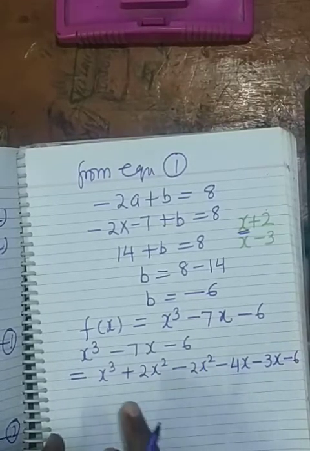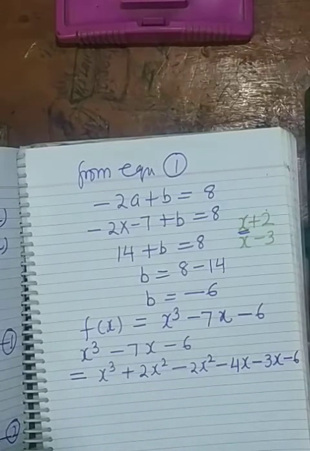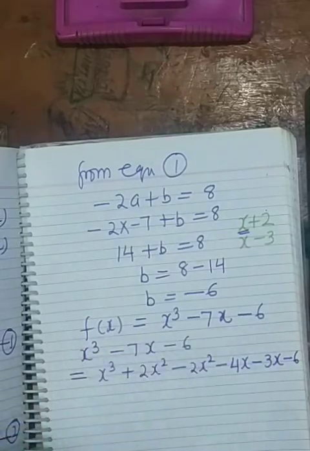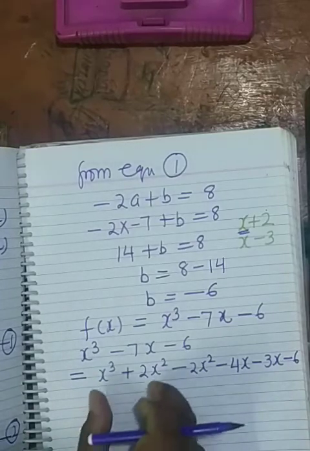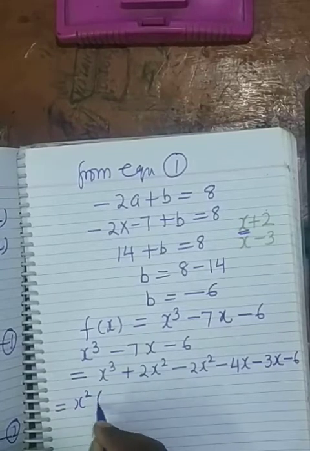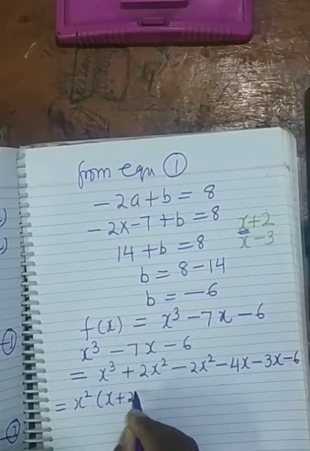So you can see here I have rearranged the terms, but the value of the polynomial has not changed. It is same, only the terms have been rearranged. Now from first two terms, what will you take out common? X square. So what will you get? X plus 2.